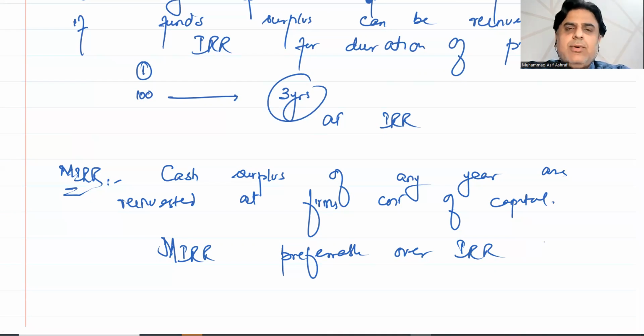So practically it holds true. This means if you have surplus cash funds in year one, you can invest them at a return which will give you NPV 0. Now practically this is possible, but the IRR approach does not hold true in practical life in your projects. Okay, so now let's move to the other techniques.